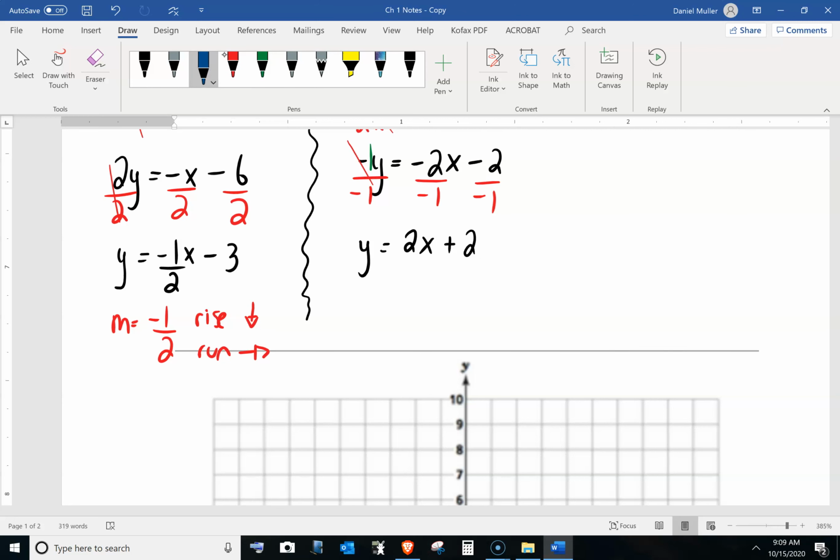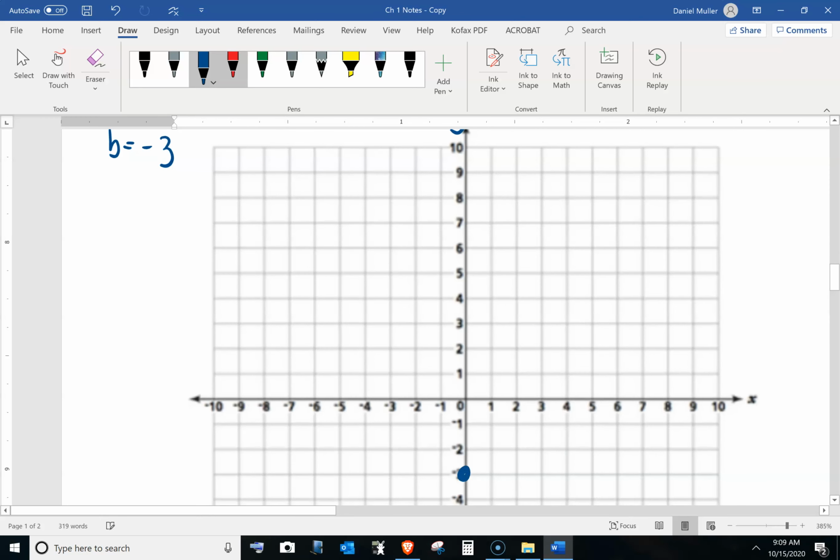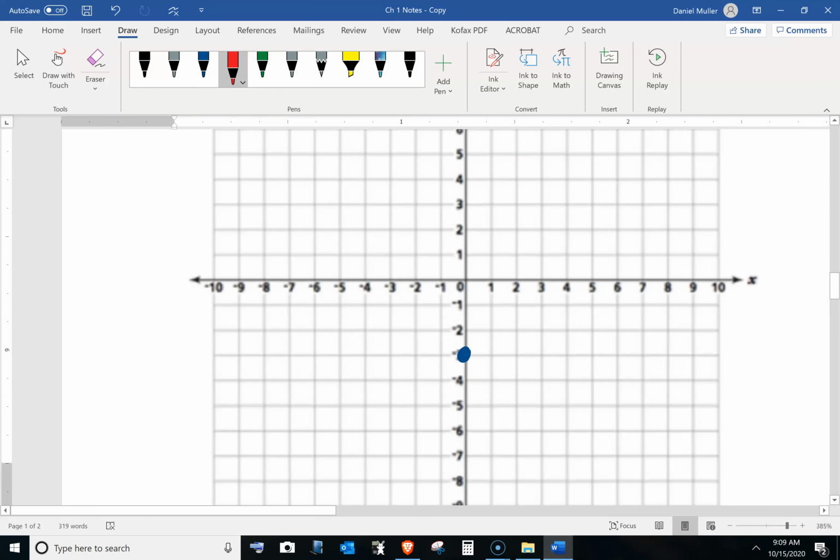And I have a starting spot of y-intercept of negative 3. So again, this is my y-intercept, and I will cross at negative 3. And I can do my slope. What was it again? Down 1, 2 to the right. Down 1, 2 to the right.